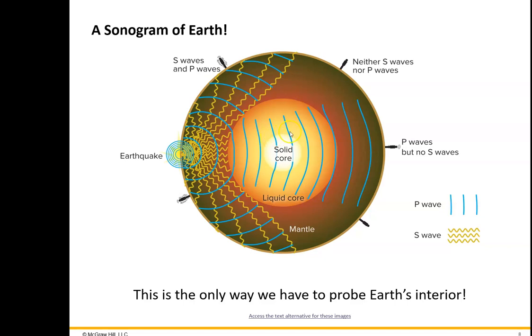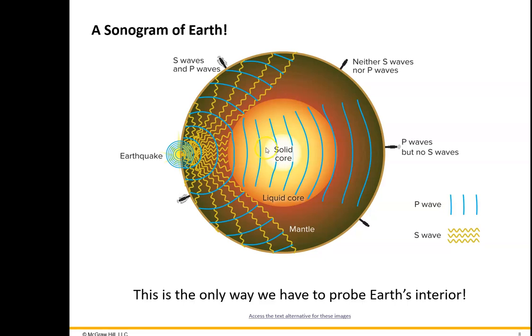And now you might wonder, okay, how do we know there's a solid core here? Okay, so now what happens with the P waves, and it's not showing you this. Well, actually, it is showing you a little bit of it. When the P waves travel through the liquid material, they're easily able to go through that. We already know that they can travel through solids, but when they travel through a solid material, they will actually bend, just like when light travels through glass, or light travels through water.